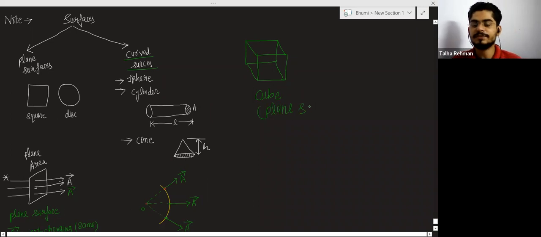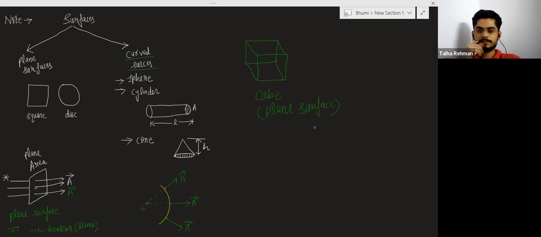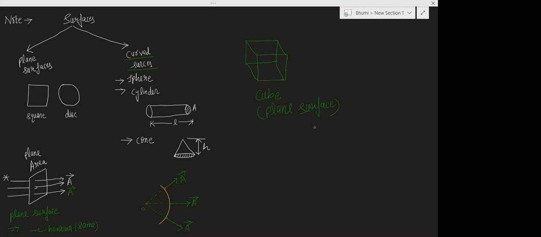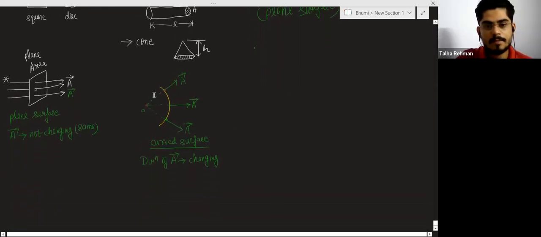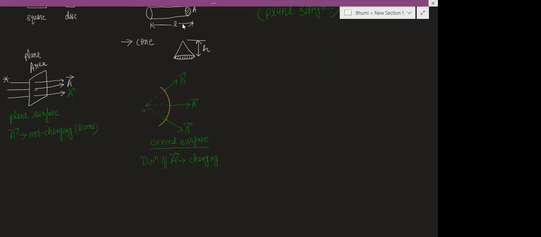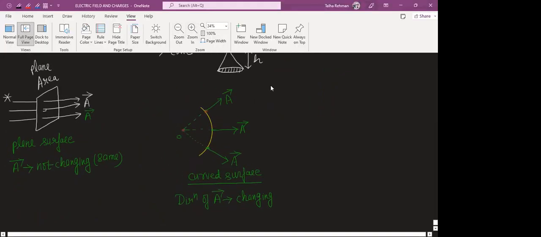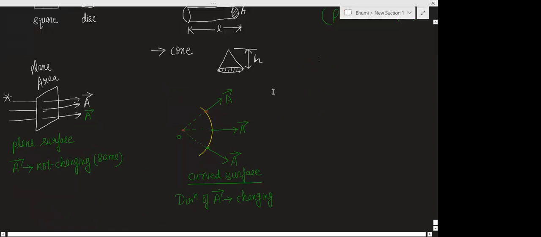Generally, the three dimensional surfaces are curved, mostly, not all.